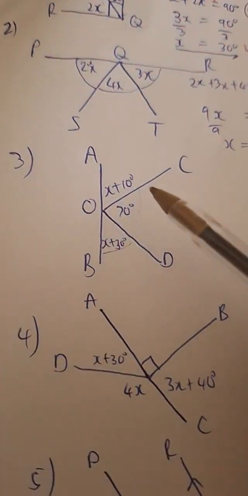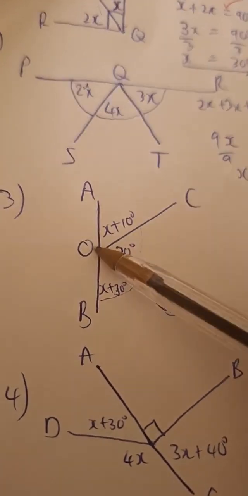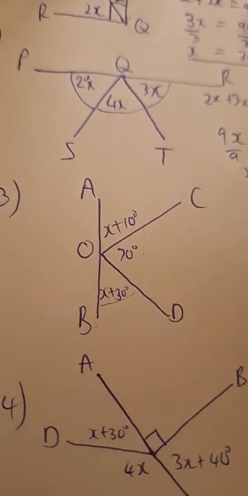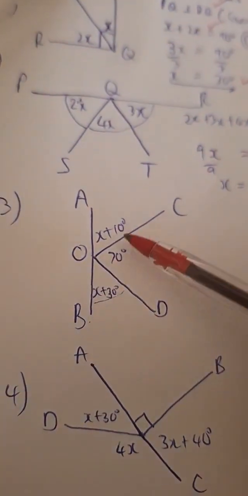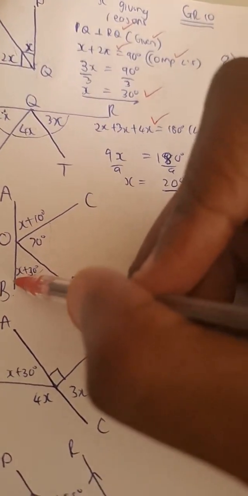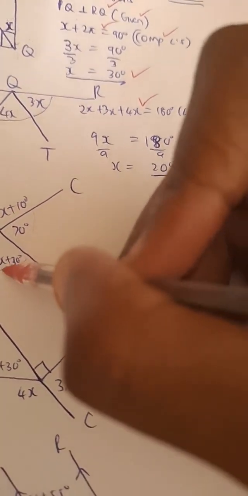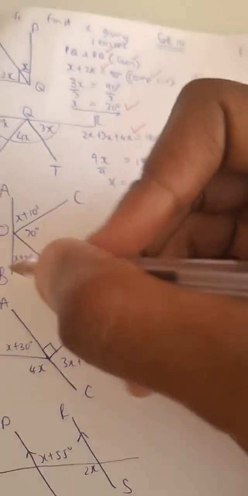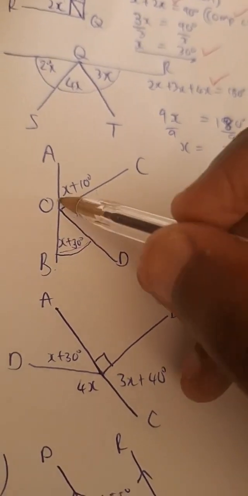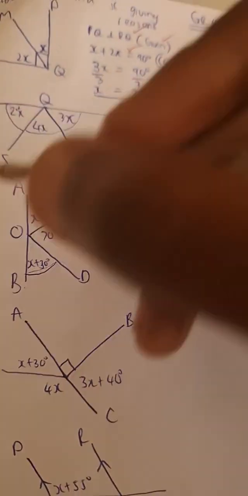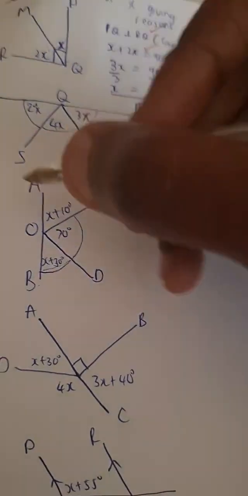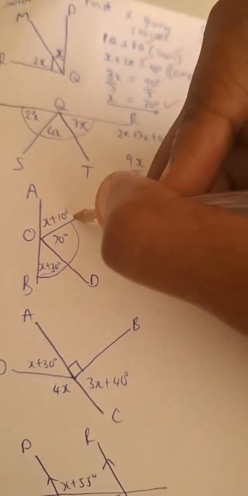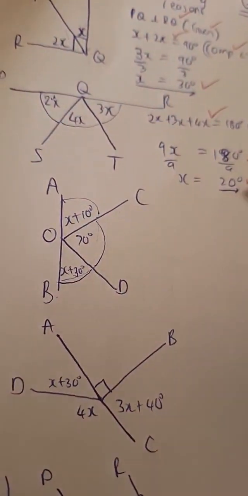Okay. Chop, chop, chop. Number 3, we have line AOB. Once again, on line AOB we have angles x plus 30 degrees, which is from the straight line to this particular line OD. From that line OD to OC is 70 degrees. And then from the line OC back to the straight line.